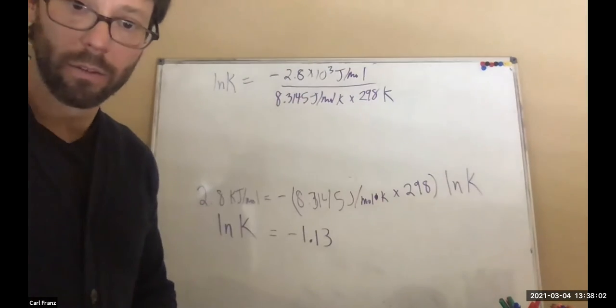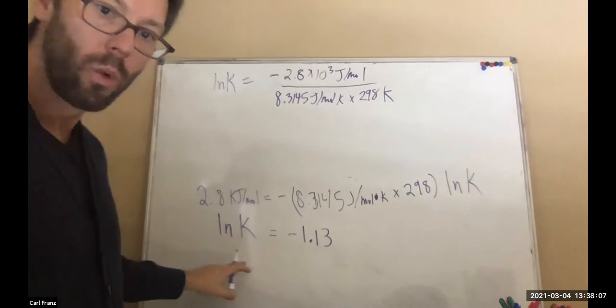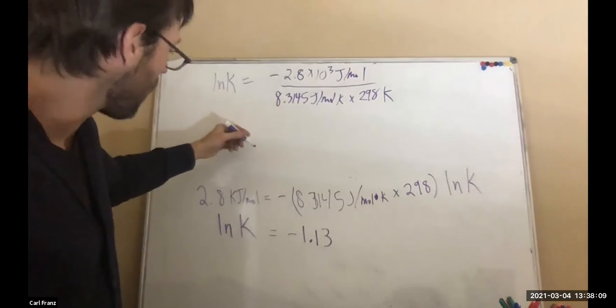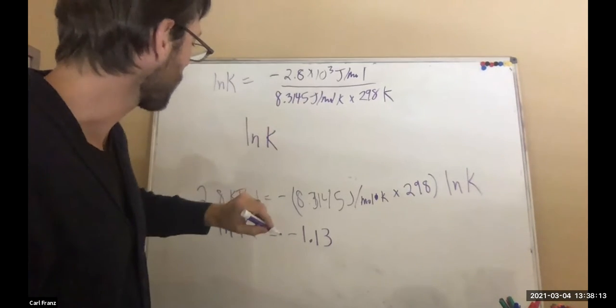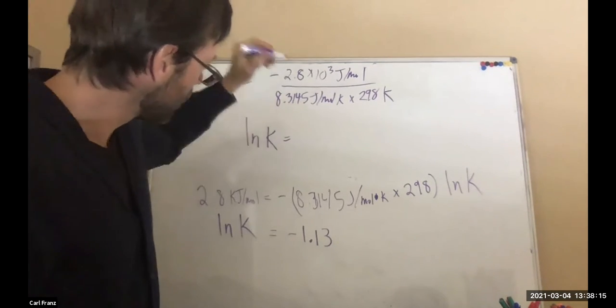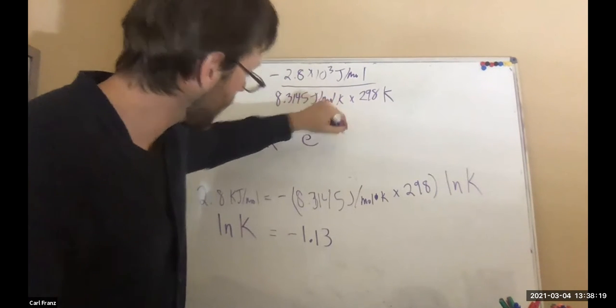K by itself. So the way that we can do that is, you can say the natural log of K is equal to negative 1.13.